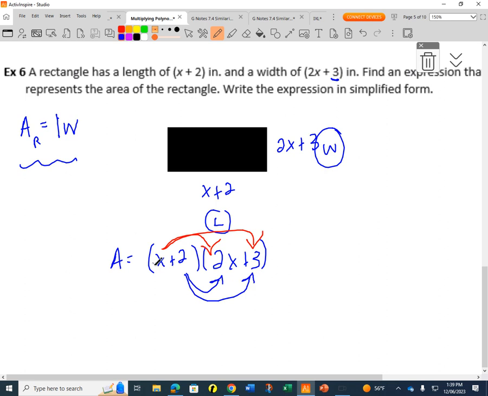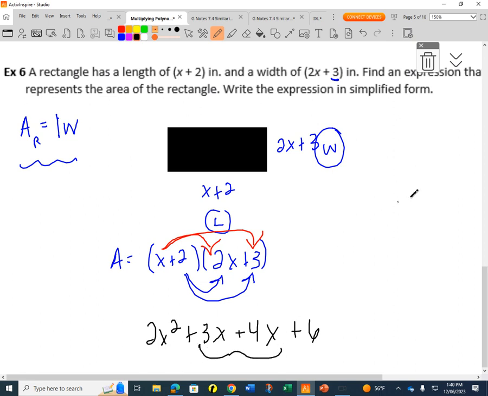So the first term is distributed to everything in the second parentheses. The second term is distributed to everything in the second parentheses. So we're going to start off with 4 terms. Binomials.